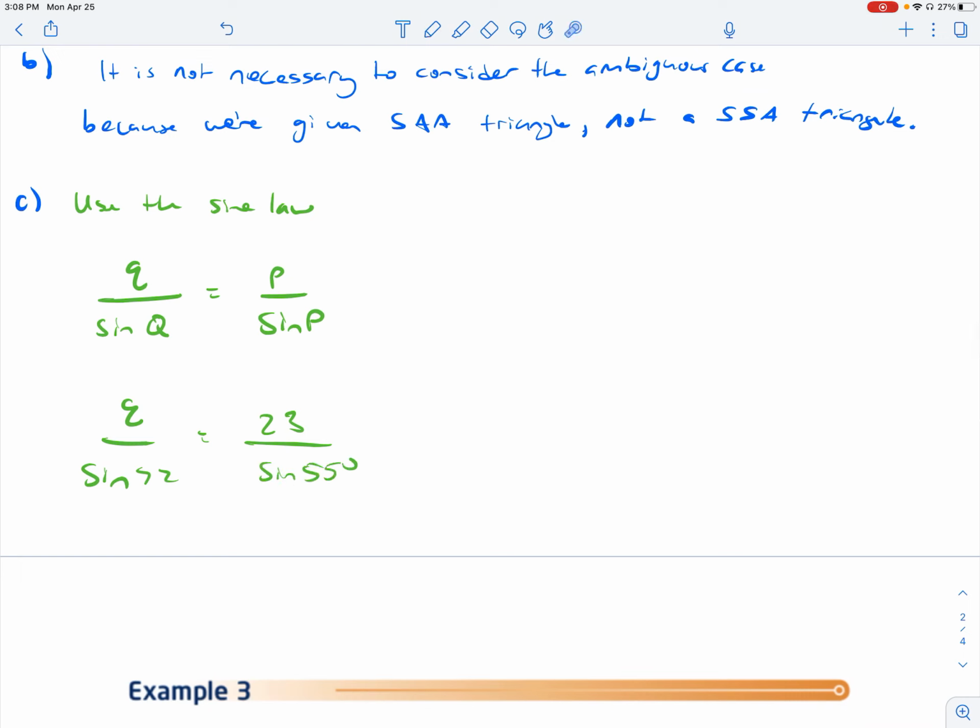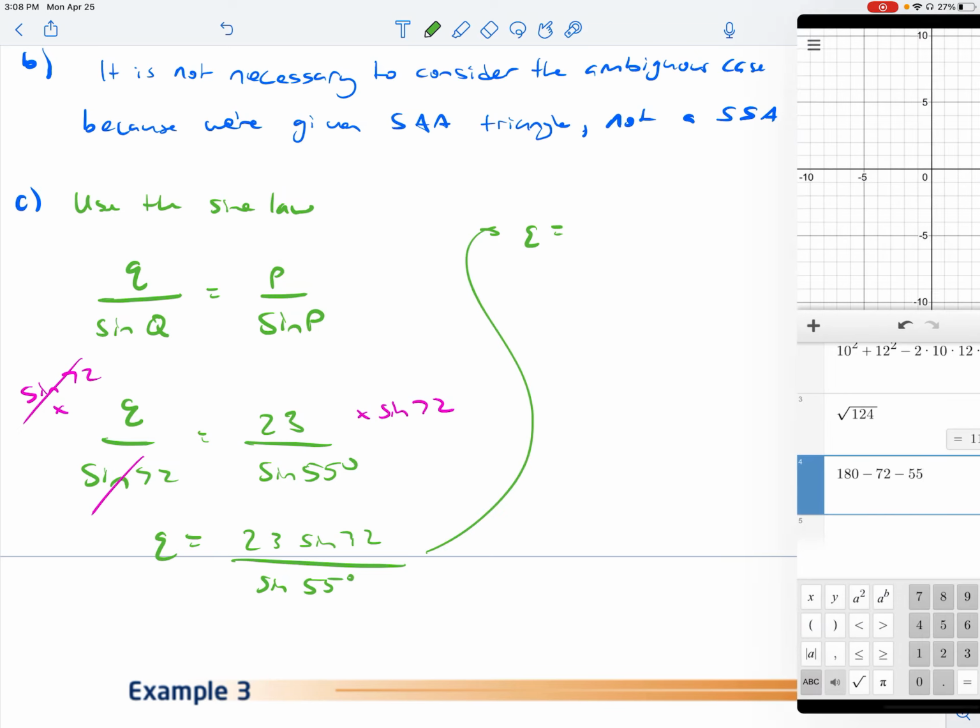Notice this is going to be real easy to solve for Q now. All we have to do is multiply both sides by sine of 72. When we do this to the one side, that cancels out. So we're left with Q equals 23 times sine of 72 all over sine of 55.